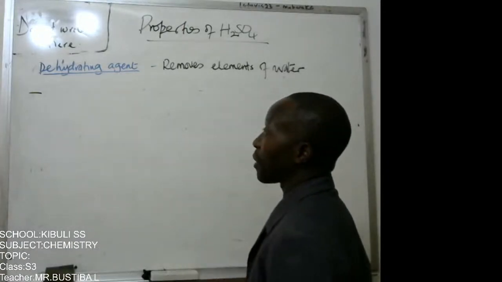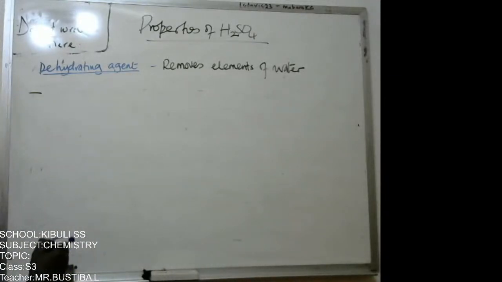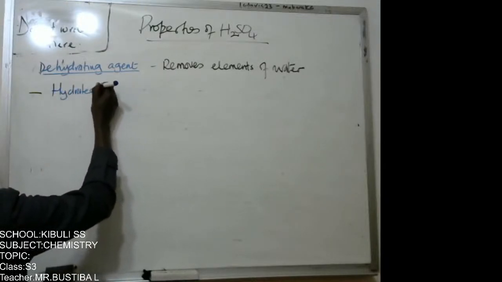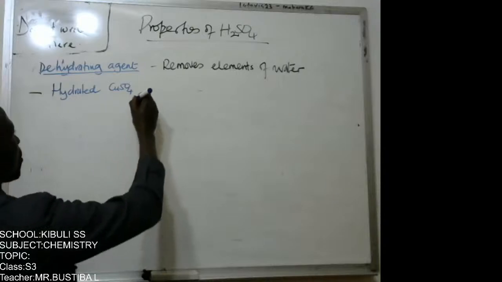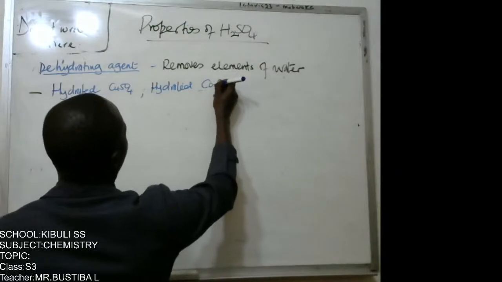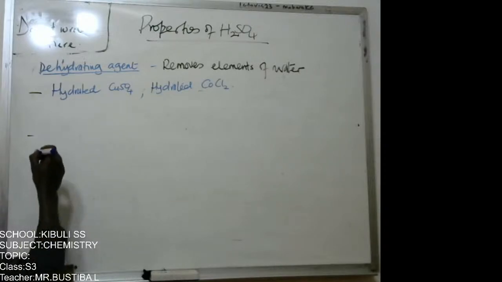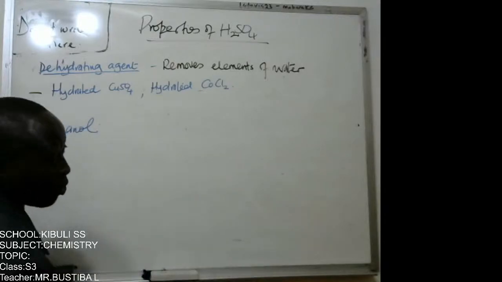This reaction is limited to a few possible processes that I expect all of my students to know. Number one, I expect my students to know a reaction as a dehydrating agent with hydrated copper 2 sulfate, and so is the reaction with hydrated cobalt 2 chloride as a first reaction. Second reaction must be a reaction as a dehydrating agent with ethanol and other alcohols.